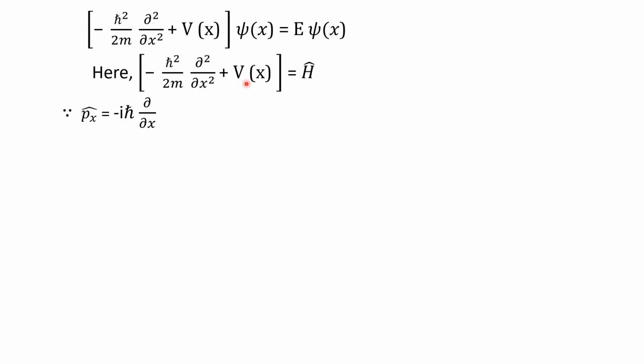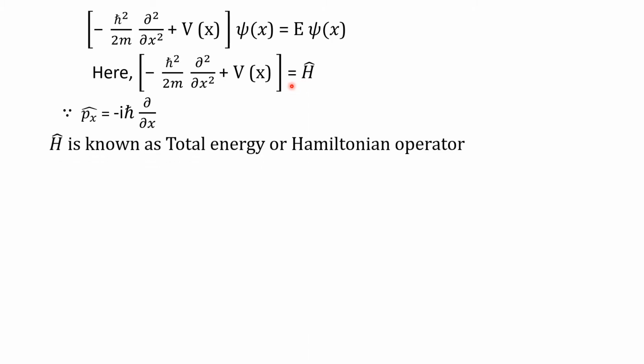Kinetic energy plus potential energy is the total energy, and the total energy term is equivalent to another operator in quantum mechanics. That operator is known as the Hamiltonian operator, or it is taken as a total energy operator.